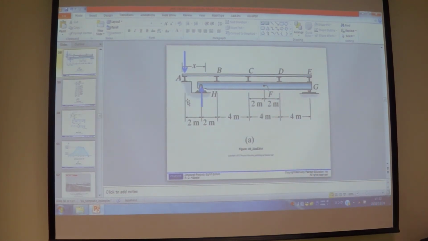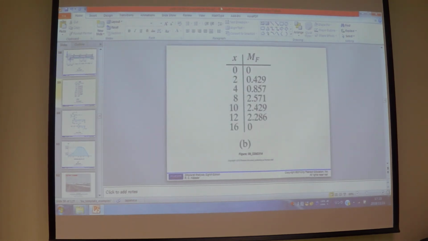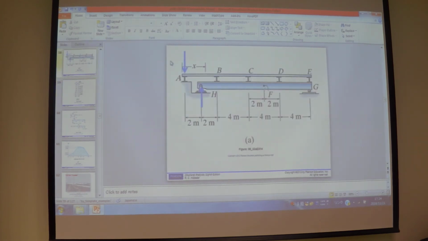It will be 0. Now please see this table. If x is 0, MF is 0, I write it here. Rx will also be 0.